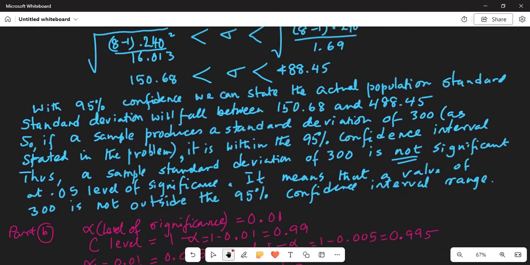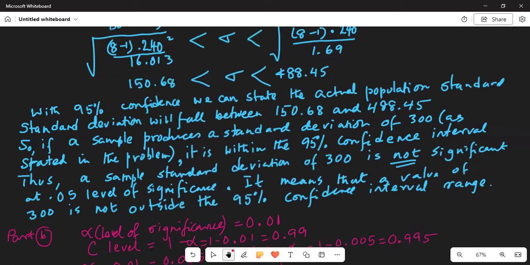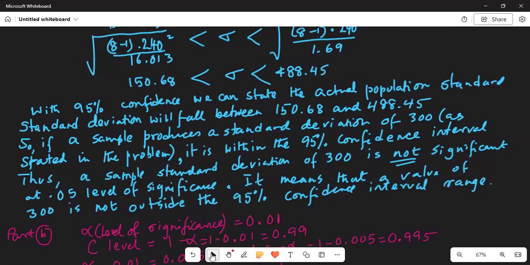That means 300 is within that 95% confidence interval, and it is not outside the range. Thus a standard deviation of 300 is not significant at 0.05.